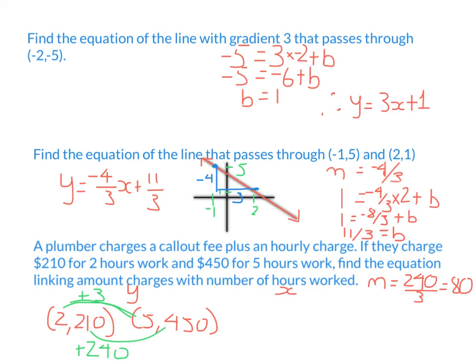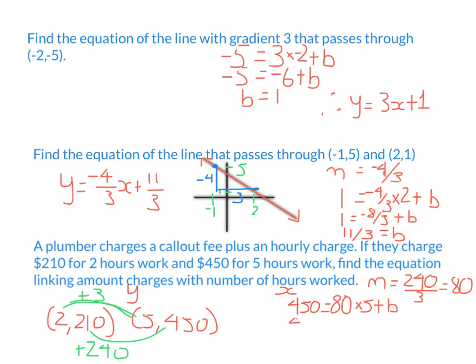So I take my equation y equals mx plus b. So I'm going to substitute m for 80, which I just figured out, and I'm going to substitute x and y from one of the points. So remember, it doesn't matter which point you use. I'm just going to pick this one here. It wouldn't matter if I pick the other one. So y becomes 450, x becomes 5.